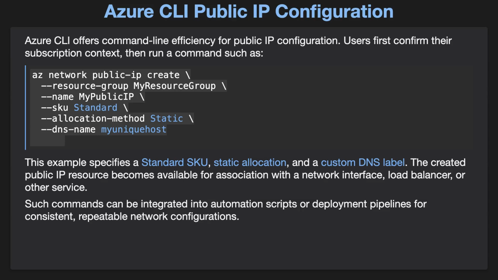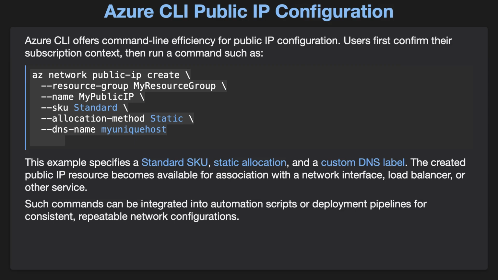Azure CLI offers command line efficiency for public IP configuration. Users first confirm their subscription context, then run a command such as: az network public-ip create --resource-group myResourceGroup --name myPublicIP --sku Standard --allocation-method Static --dns-name uniquehost.